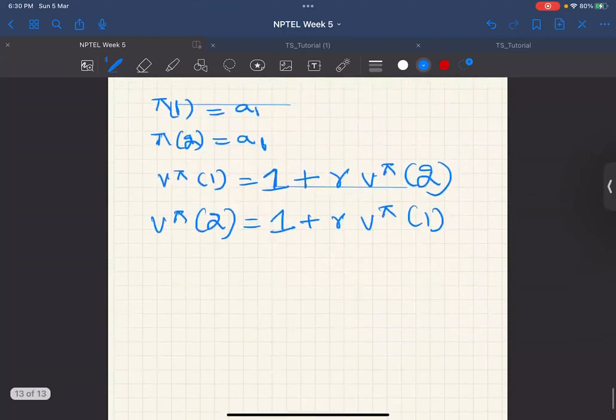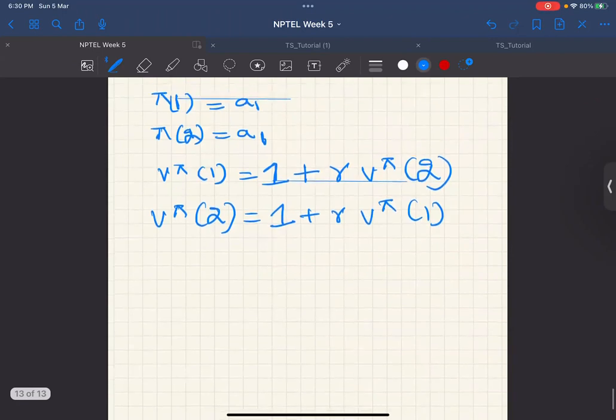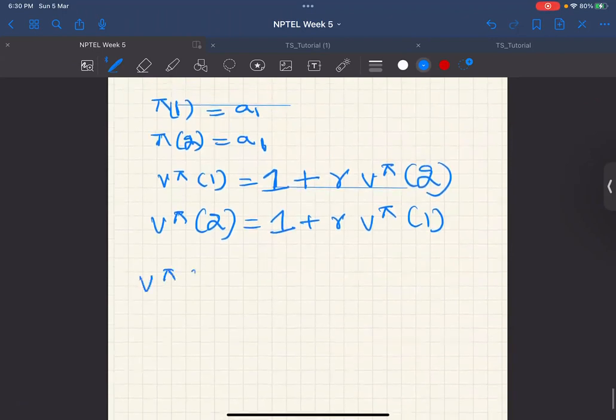I can substitute the value of V pi of 2 here.